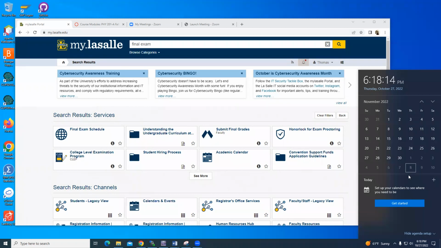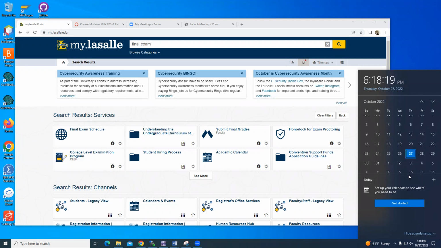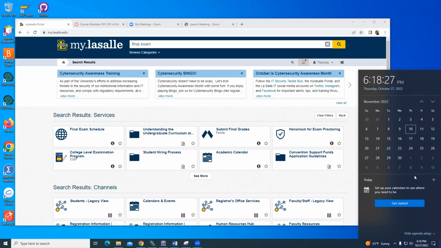So again, tonight, unit 8. Next week, unit 9. On the 10th, test 2 on units 5, 6, 7, and 8. The 17th would be unit 10, but it's also the information technology leadership event. The 24th is Thanksgiving.